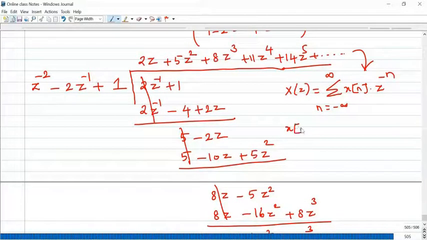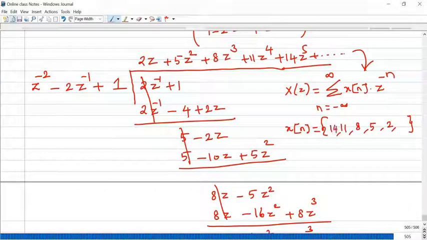So now you can write your result. 0 is not there. In this example, starting from x of minus 1 only. So 2, 5, 8, 11, 14 and so on.